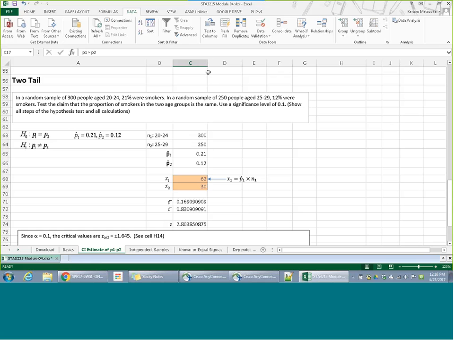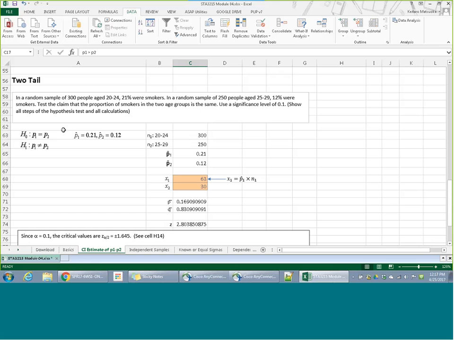So we have two samples, one with 300 people, age 20 to 24, of which 21%, the proportion, were smokers. In a separate one, out of 250 people aged 25 to 29, 12% were smokers. Okay. Significance level is 0.1, so that means alpha is 0.1.